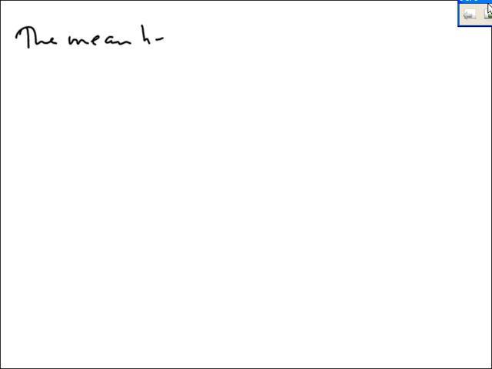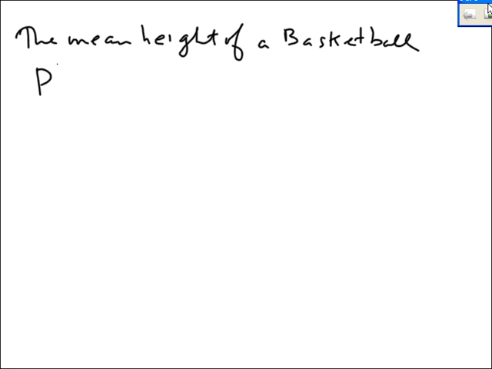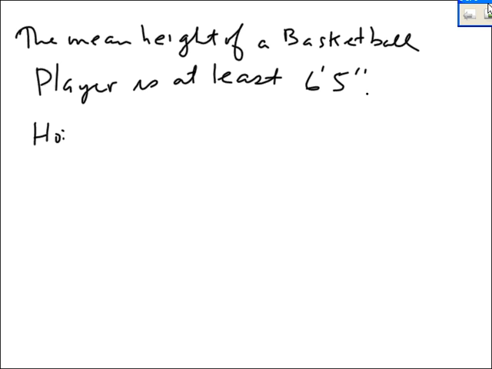The mean height of a basketball player is at least, I don't know, 6 feet 5 inches. So, first thing is, the null hypothesis is as follows. It's going to be that the mean height is 6 feet 5 inches.